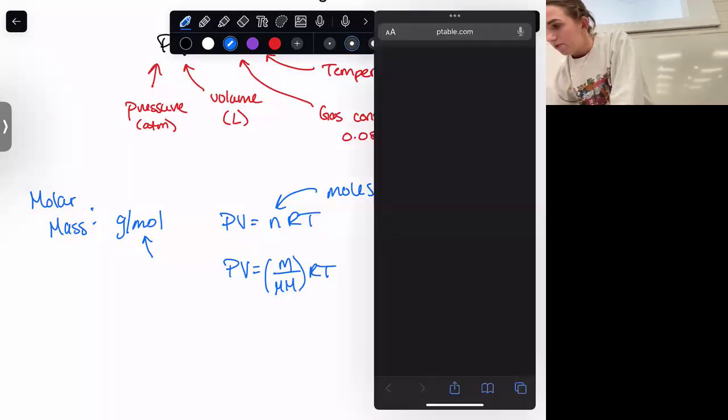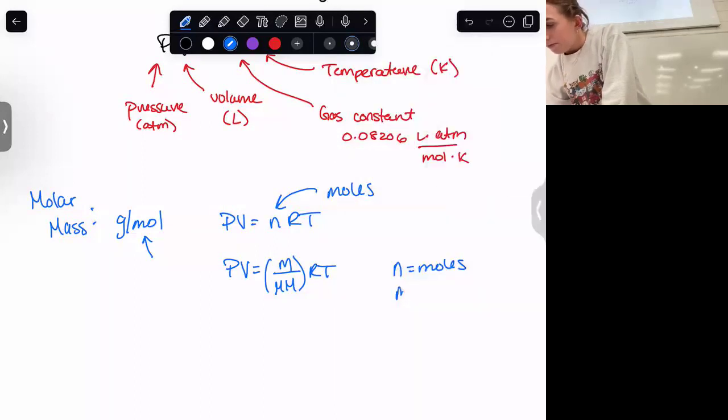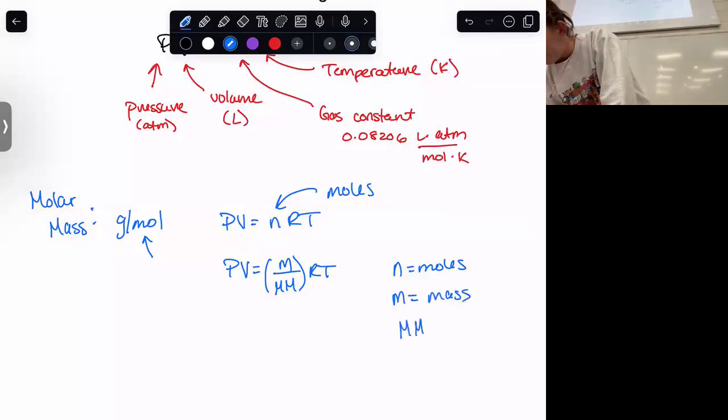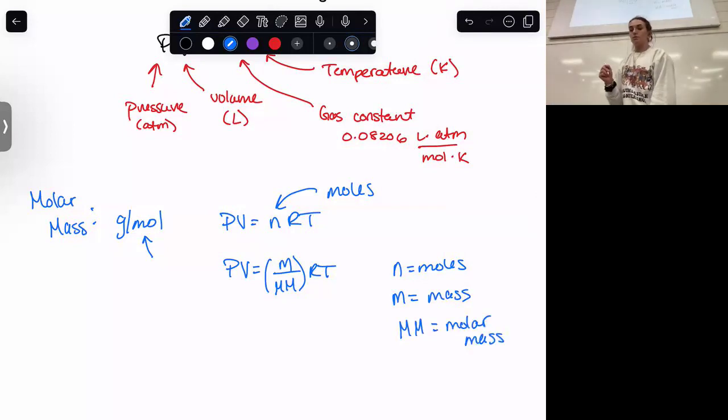Little m is mass, and big M is molar mass. I think that one will be given to you, but in case you do need to plug that in, or know it right away, there's that one.